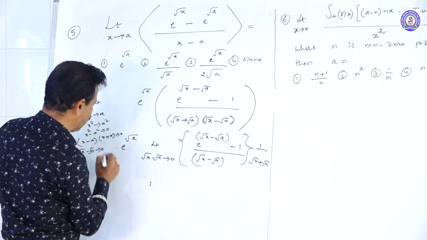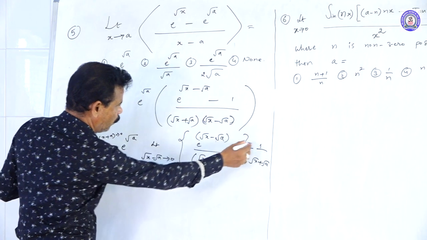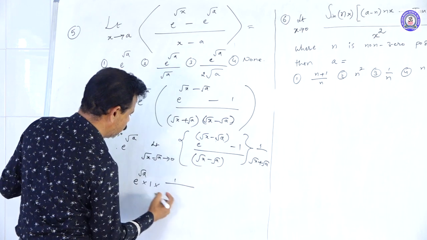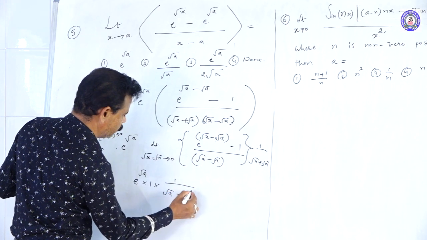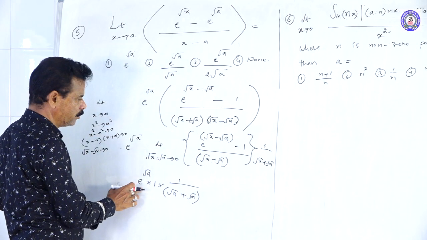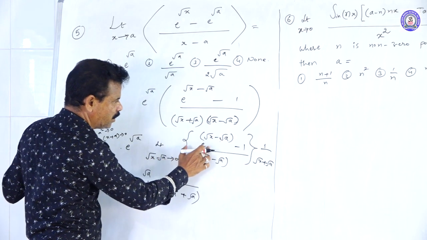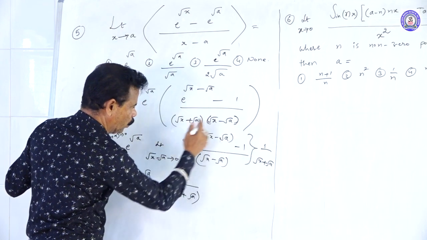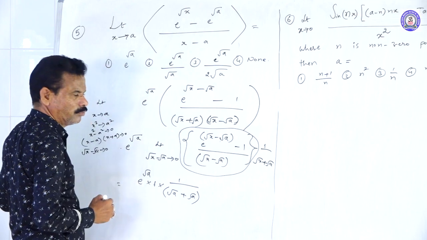And before, here e power of root a into 1 by root a plus root a as x tends to a. This e power of root a here, root x minus root a tends to 0. This is e power of x minus 1 by x. This total value is 1.